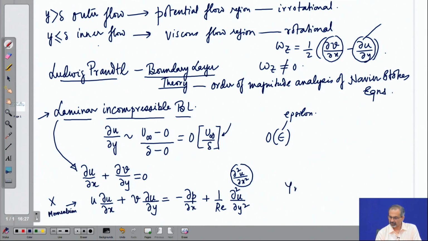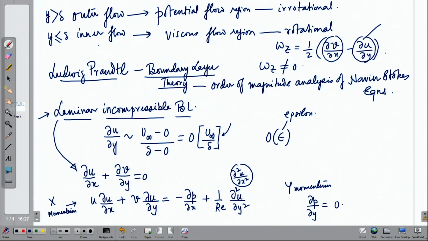As far as the y momentum is concerned, the result is very simple, del p del y equal to 0. That means, along the thickness of the boundary layer, there is no change in pressure. If that is the case, then pressure becomes purely a function of x, that is the streamwise location, and thereby this derivative can as well be represented as dp dx, an ordinary derivative instead of a partial derivative.